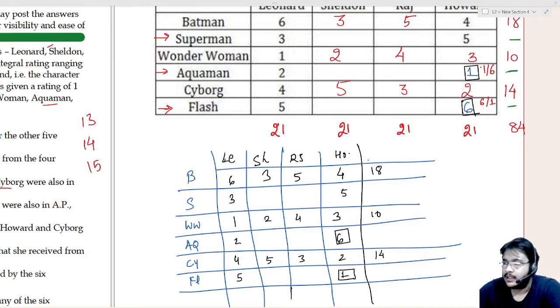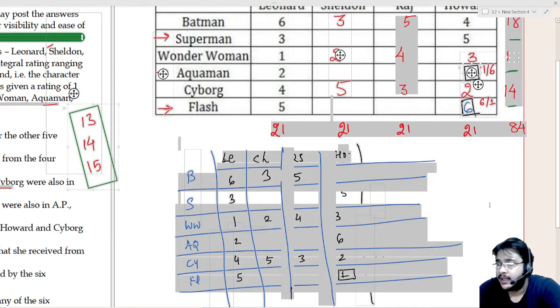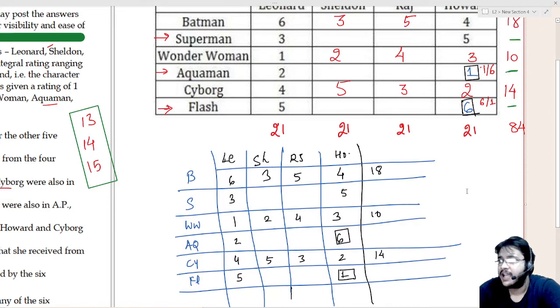Now the thing is, because I know that the sum of the points received by Aquaman, Superman and Flash can only be 13, 14 and 15, it cannot get anything other than that.